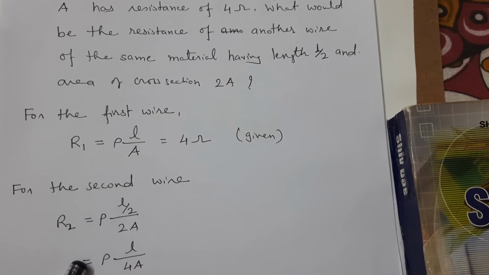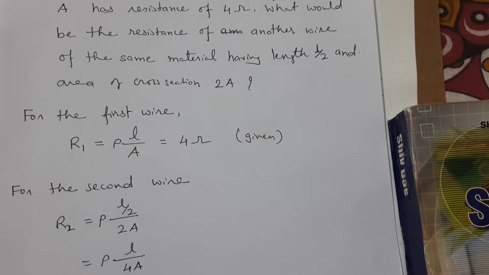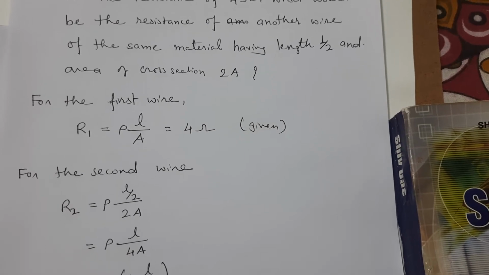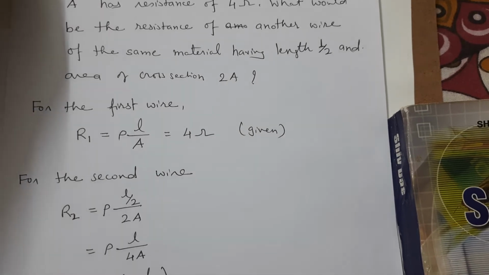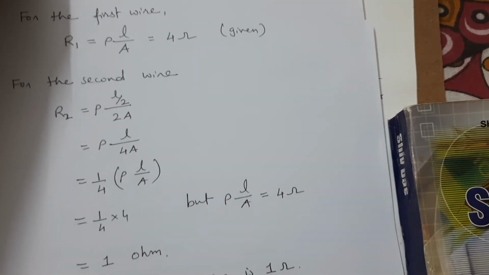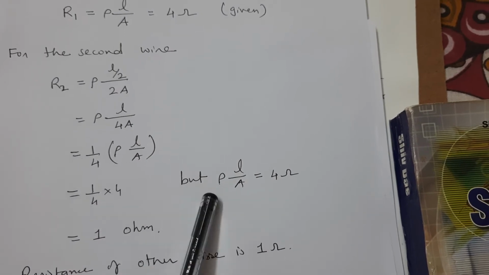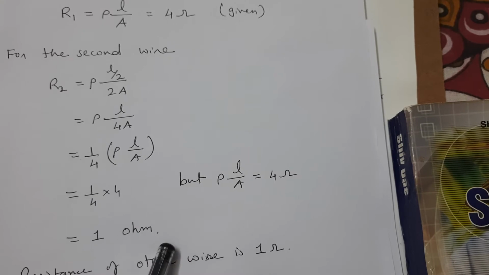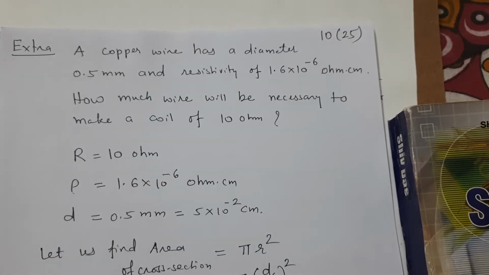If I take out common, then we have rho into L by A. And here 1 upon 4 is already there outside the bracket, and the value of the bracket which we have earlier found is 4 ohm. So we have 1 upon 4 into 4, because rho L by A is 4 ohm. So it comes out to be 1 ohm. So resistance of the other wire is 1 ohm. This is how we do this particular sum.